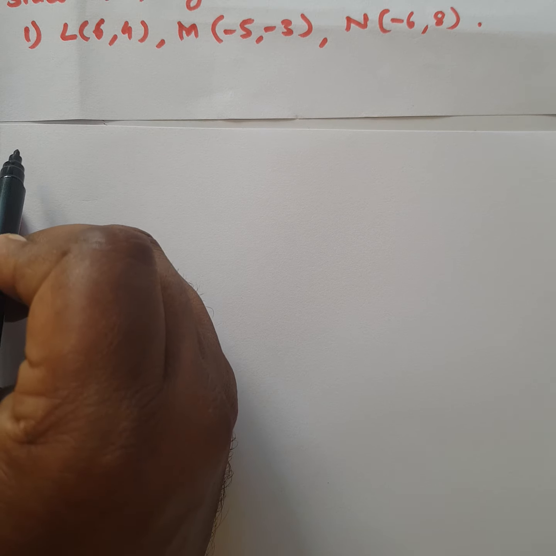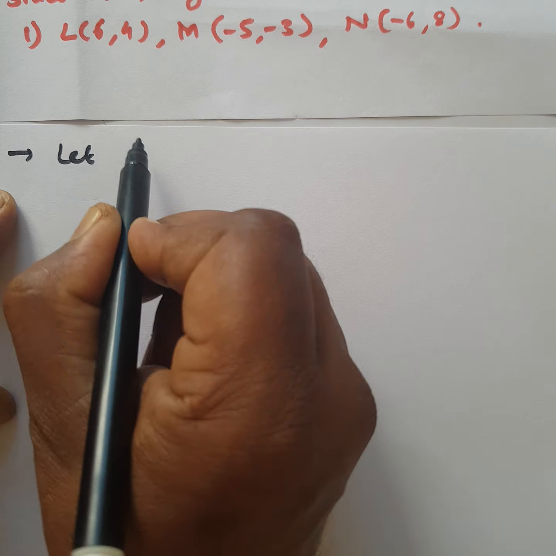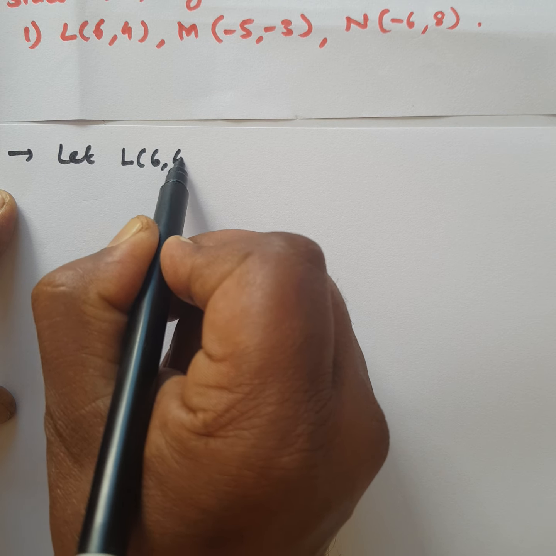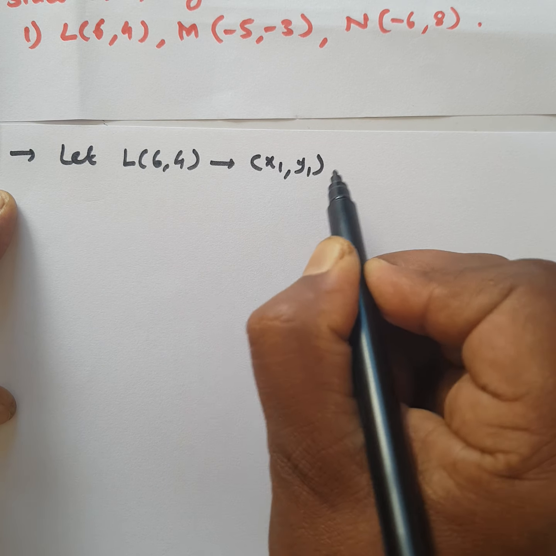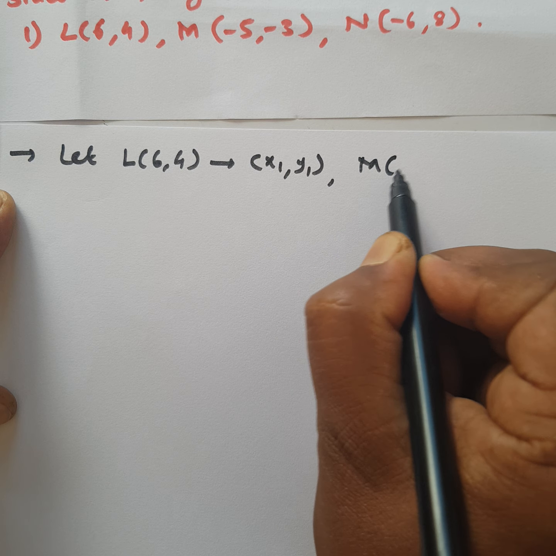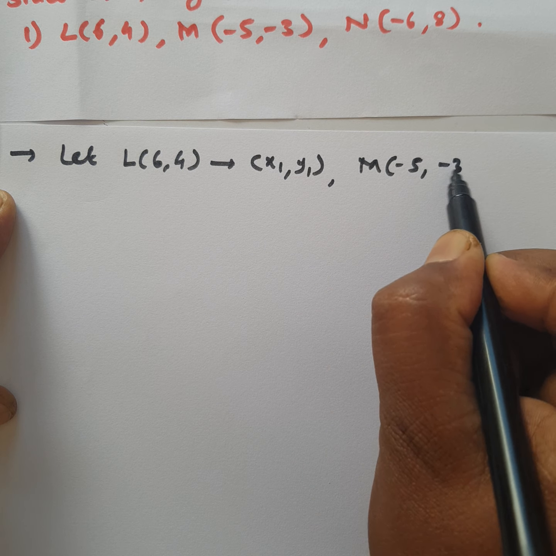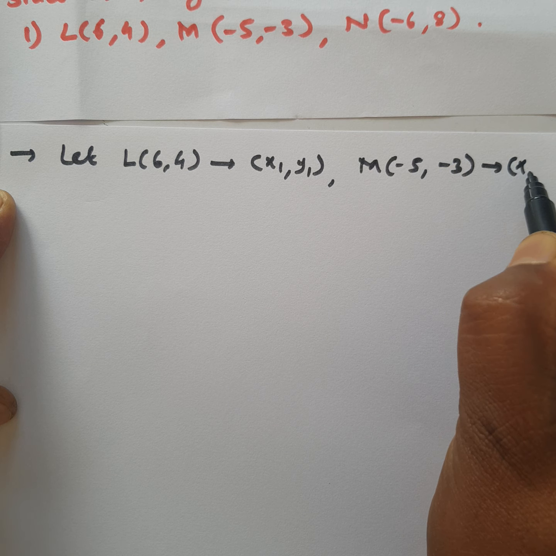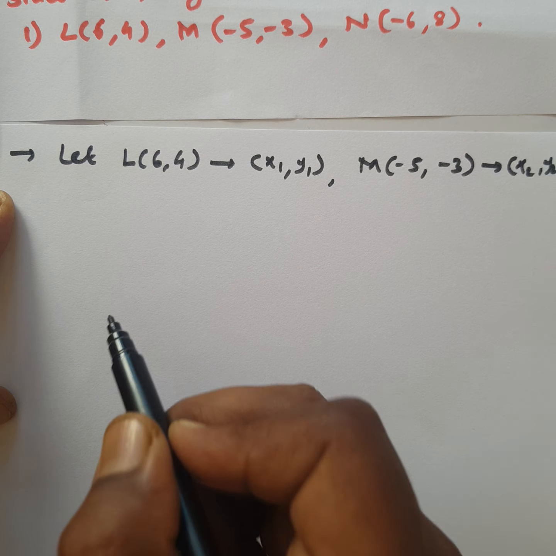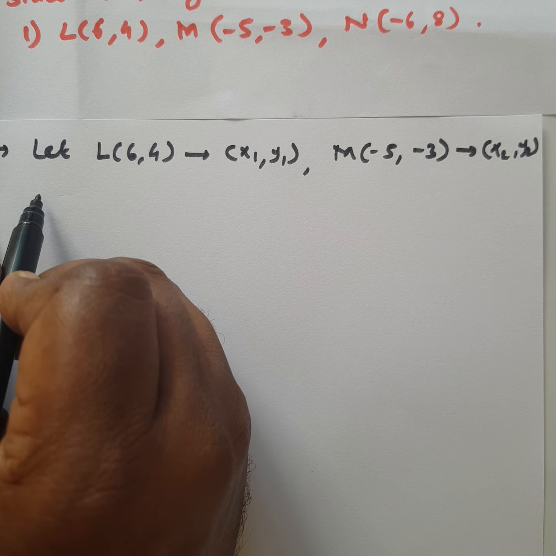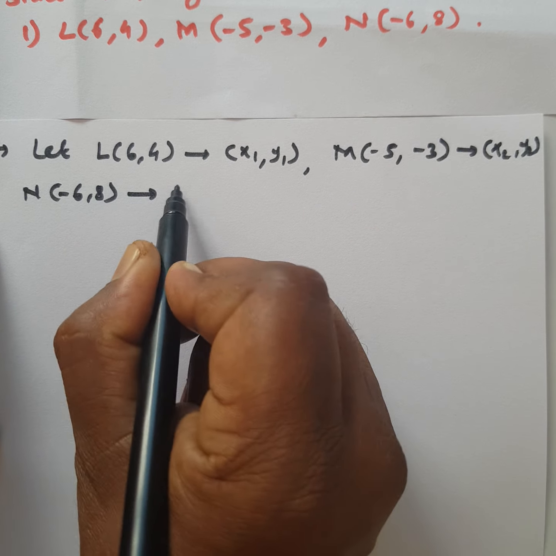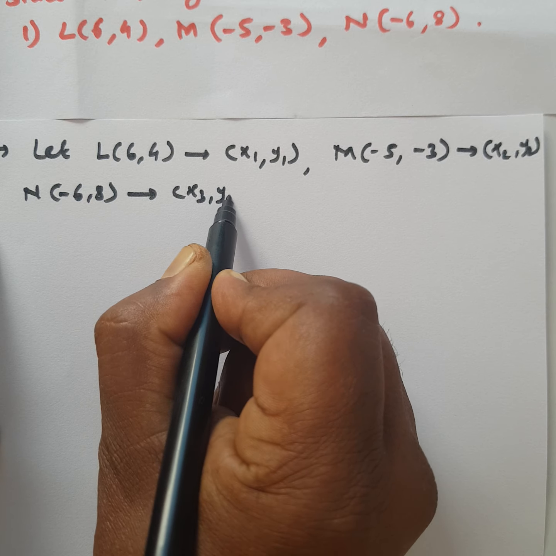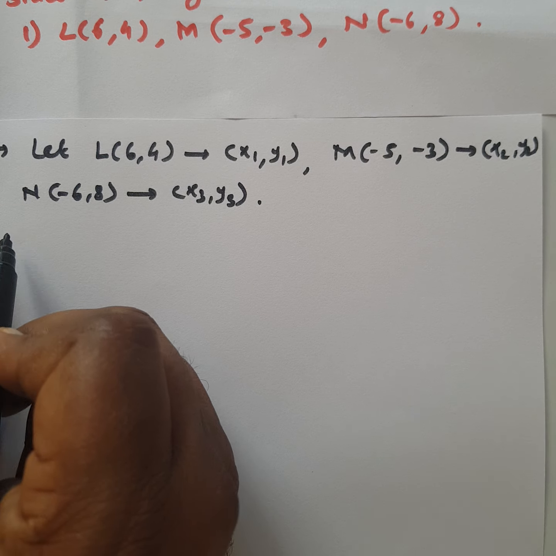Let L(6, 4) be x1, y1, M(-5, -3) be x2, y2, and N(-6, 8) be x3, y3.